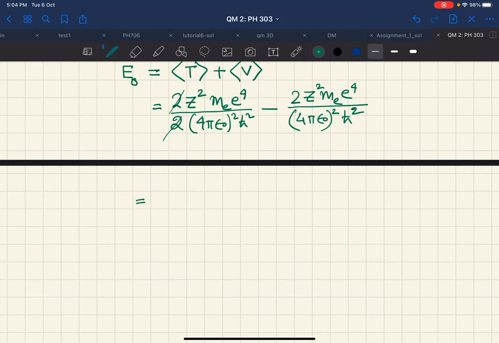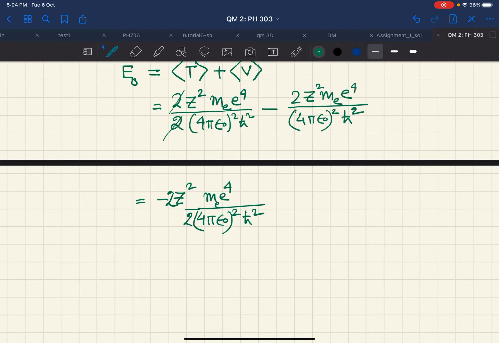So this is going to be minus Z squared m e to the power 4 divided by 4 pi epsilon naught whole squared into h bar squared, which we can of course write as minus 2Z squared and divide by 2 here.